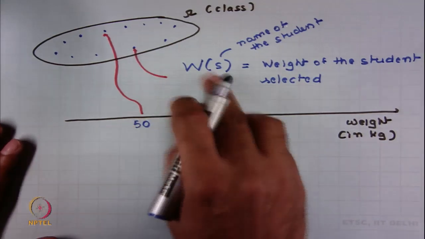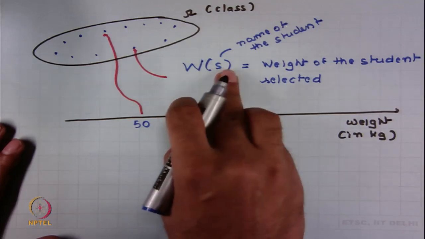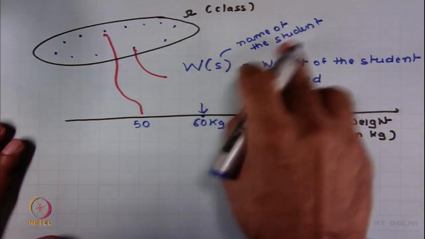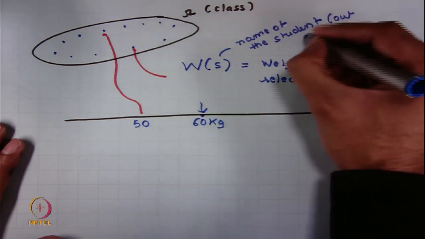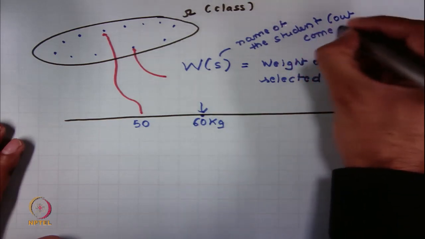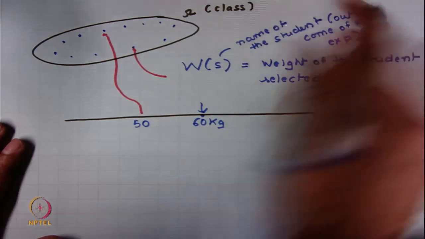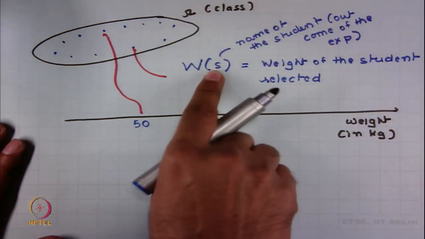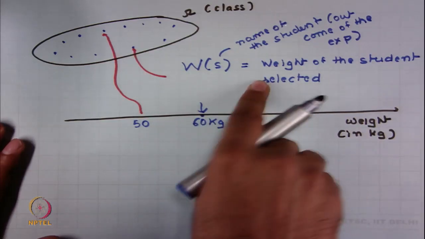So, what is this function doing? This function is taking the outcome of the experiment. Here s is the outcome of the experiment, and for a given outcome of the experiment it finds a numerical value for that outcome.